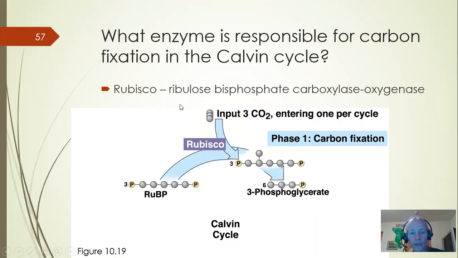So this first part of the name, ribulose bisphosphate carboxylase, shows us that one of the main functions of this enzyme is to carboxylate, or add a carbon dioxide to, ribulose bisphosphate, RUBP. But notice that this enzyme also has oxygenase activity. That means that sometimes instead of adding a CO2 to RUBP, Rubisco will add an oxygen. It will oxygenate RUBP.